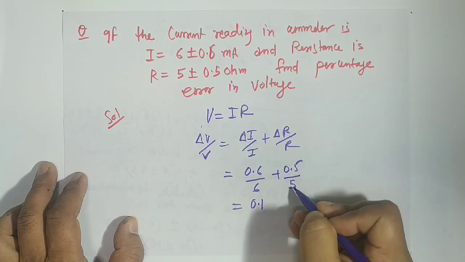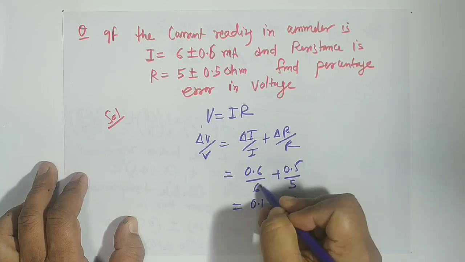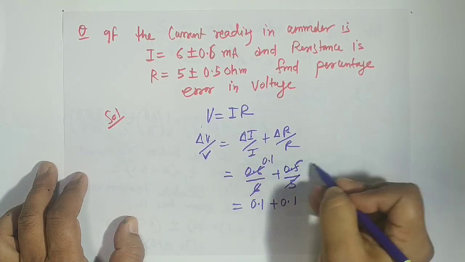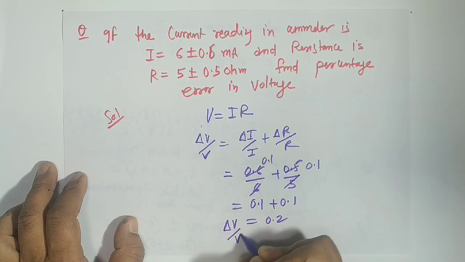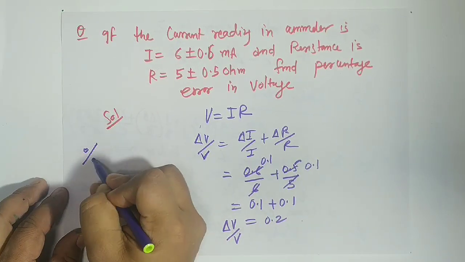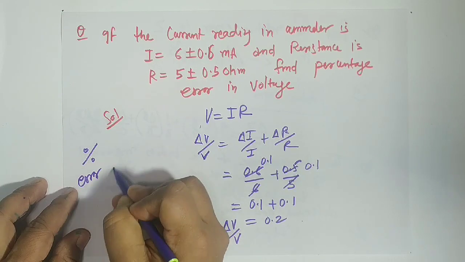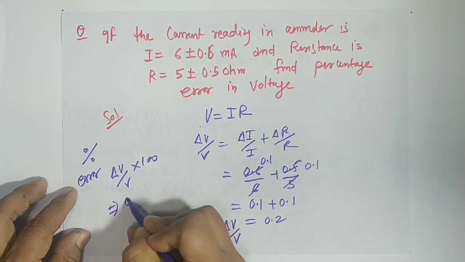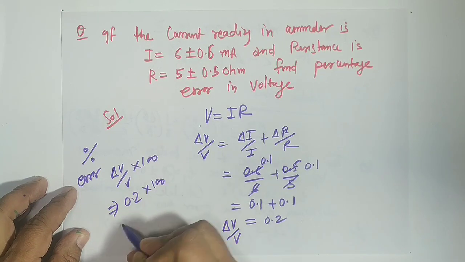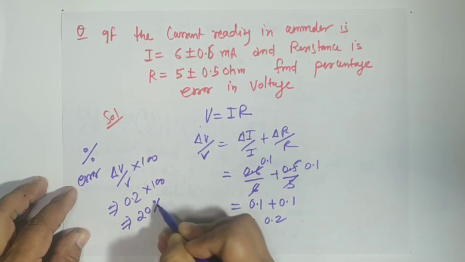It becomes 0.1, it becomes 0.1. Are you getting it? And that is 0.2. So the relative error you got is 0.2. What will be the percentage error? Delta V by V into what? 100. So 0.2 into 100, that is 20%.